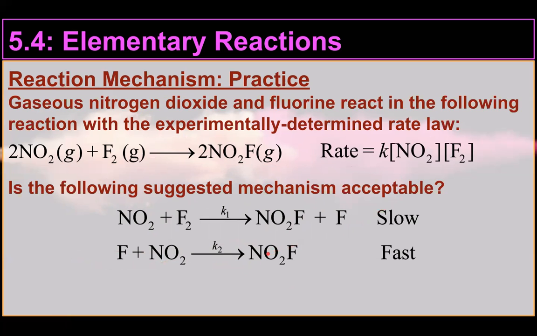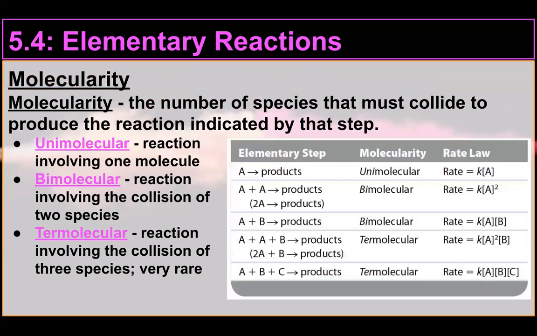Now, does our rate determining step match the rate law? A rate determining step is not the fast step, so we can just ignore this. A rate determining step is the slow step. So we can write the rate law of our slow step, if you remember, going all the way back to the molecularity, as the reactants, okay?